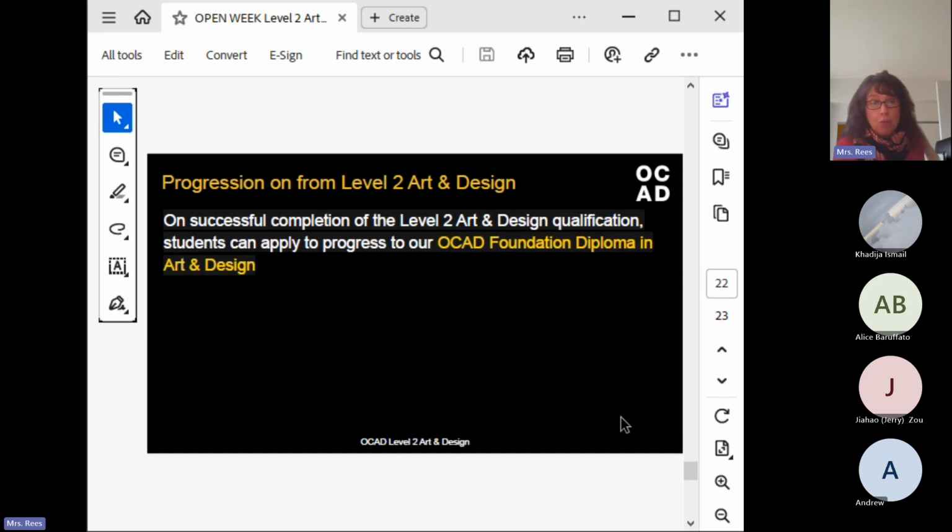Progression after level 2, some of our students progress onto our OCAD Foundation Diploma in Art and Design. So if you are successful in completing the level 2, you can certainly look to progress on applying to our OCAD Foundation Diploma in Art and Design for those of you that want to take your art journey even further.